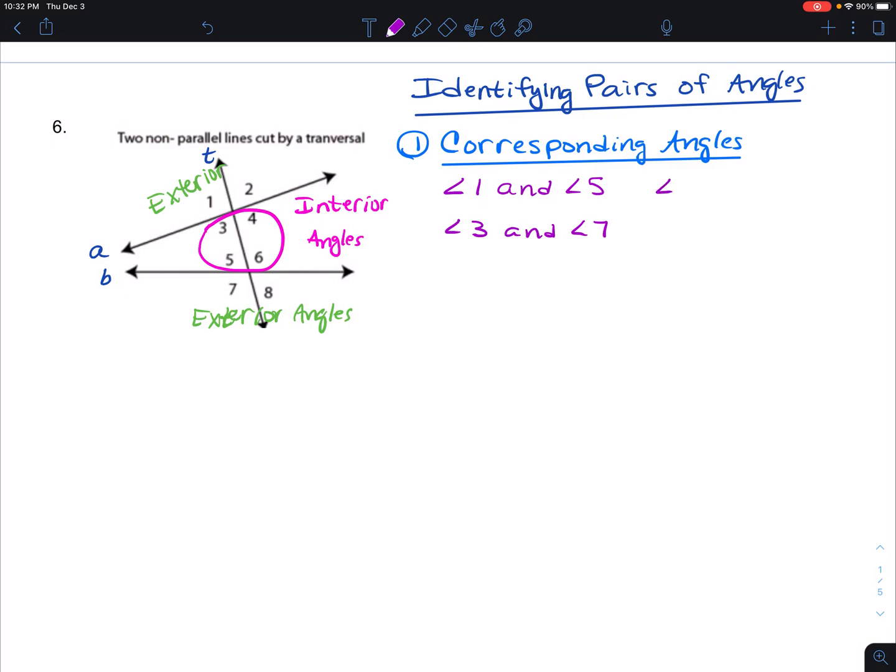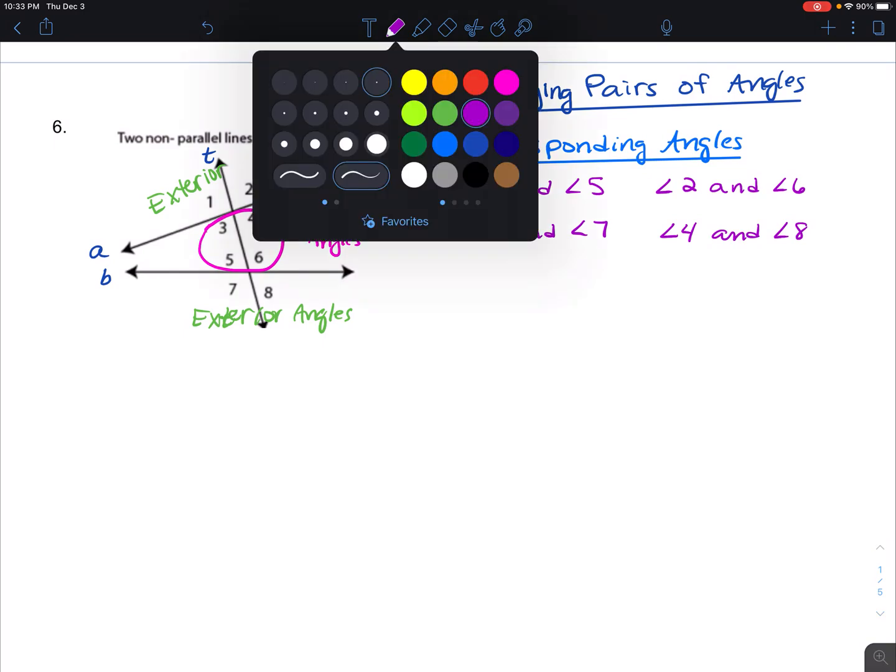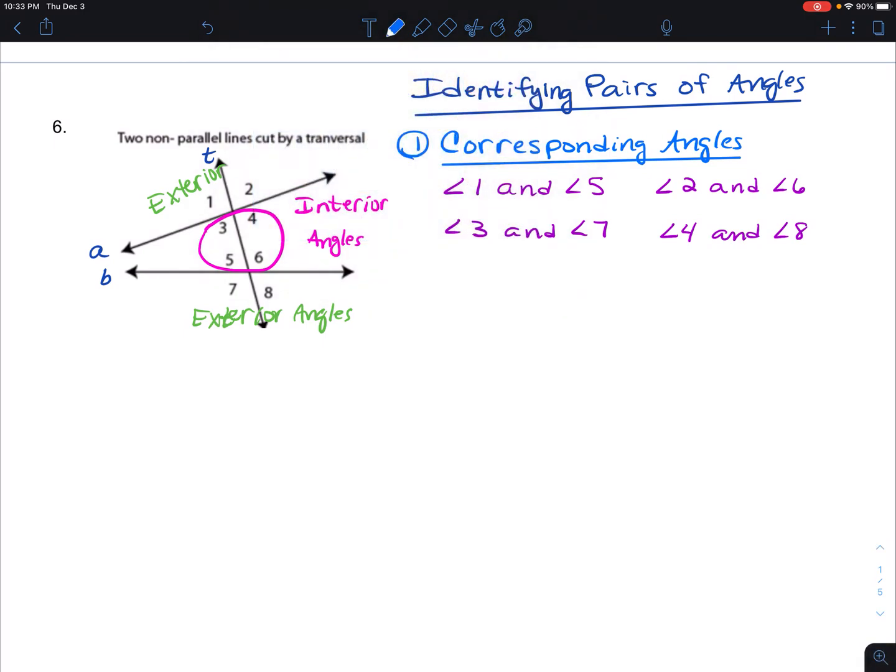So we have angle 2 and angle 6. That's a special pair. And then we have angle 4 and angle 8, our last special pair of corresponding angles.